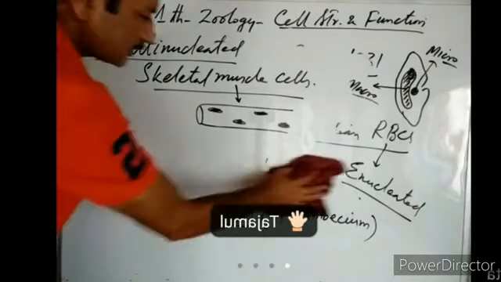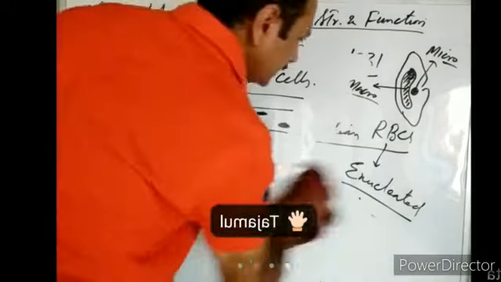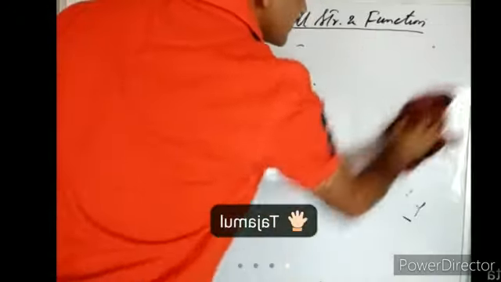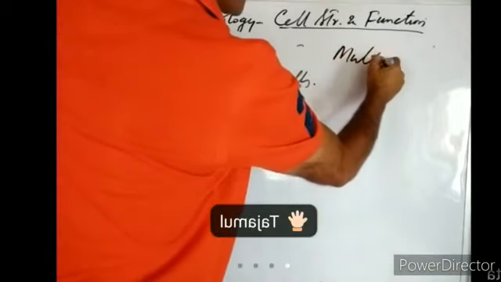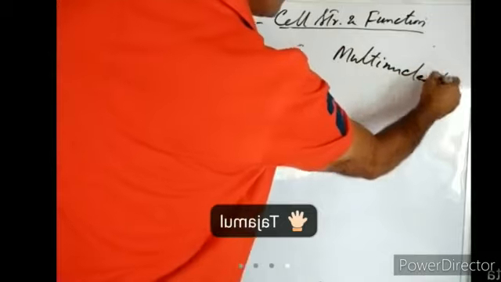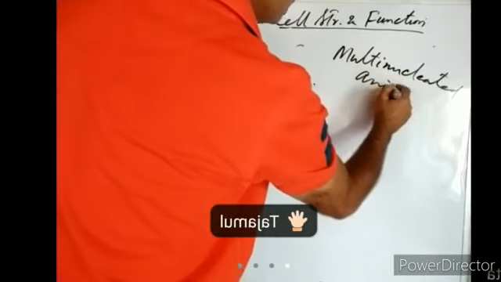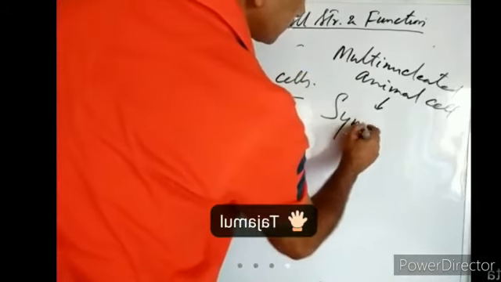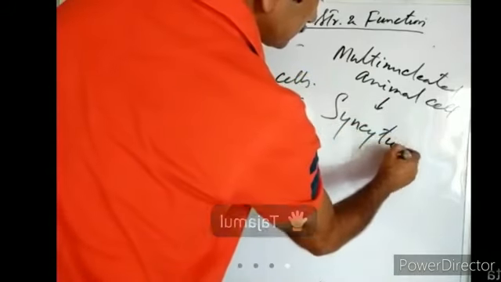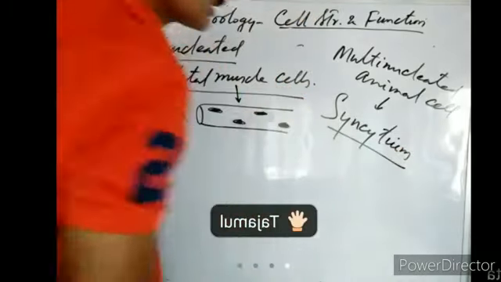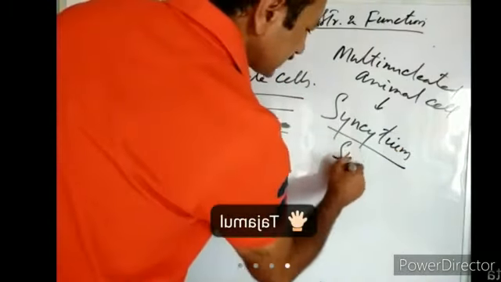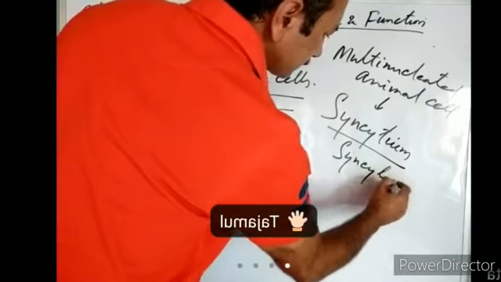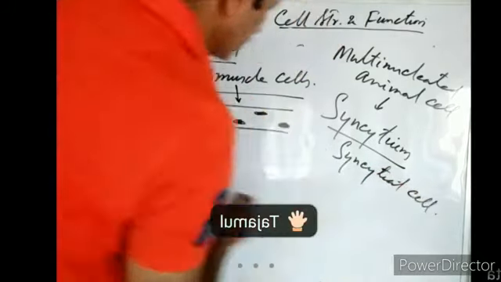A multinucleated animal cell is known as a syncytium, or a syncytial cell, right?